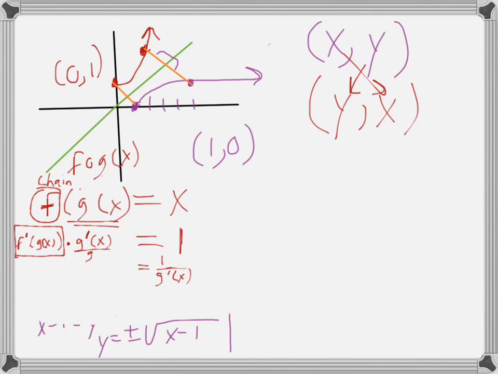You basically just divide it by g prime of x on the left and the right, and then you would have f prime of g of x, and that's equal to 1 over g prime of x.